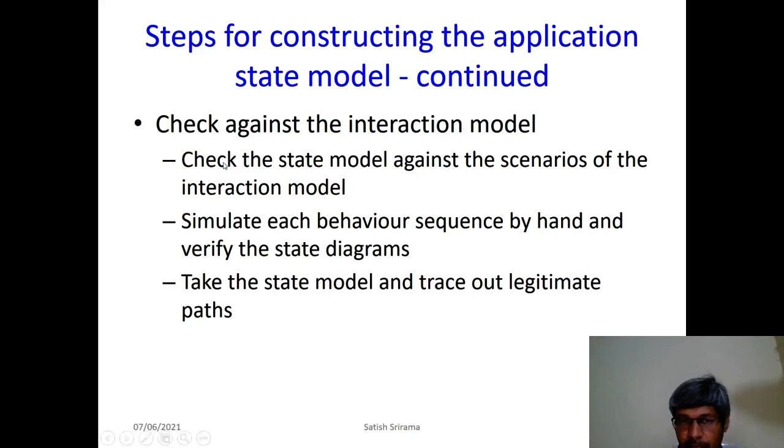So you should go back and check these interactions again. Basically take the state model and trace out the legitimate paths for each and every sequence diagram, etc. So these are the things to be taken care of once the basic application state model is constructed.